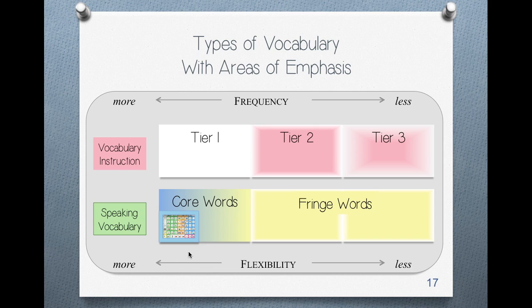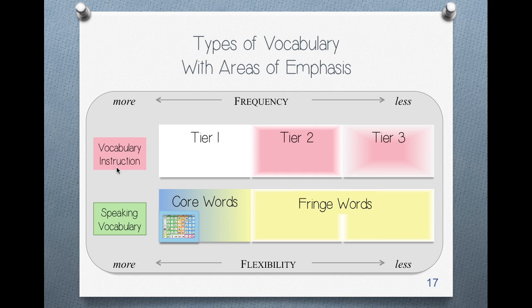We may have some fringe words on our system, so I show that yes, we're moving a little bit into the yellow, but for the most part we have a core-based system. So if we look at this display, let me see if I can translate some of the other elements for you. We can see that the core words are here in blue, and then we transition more into the fringe words for the rest of the speaking vocabulary.